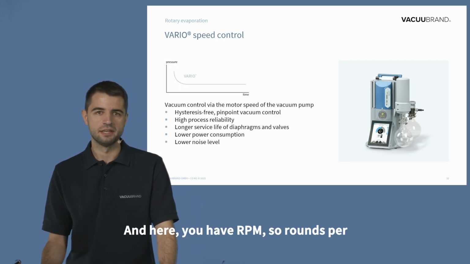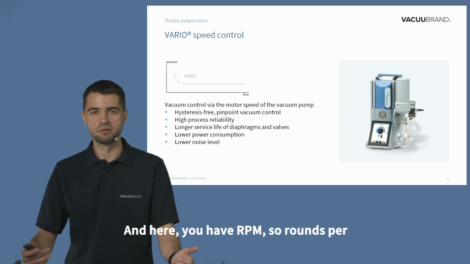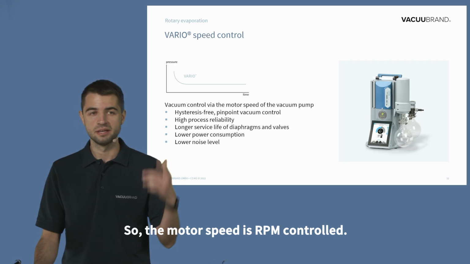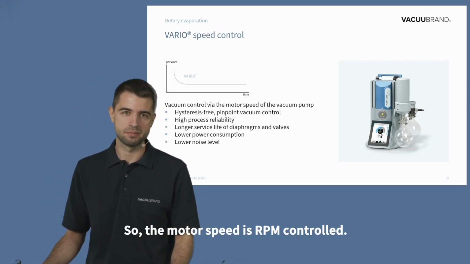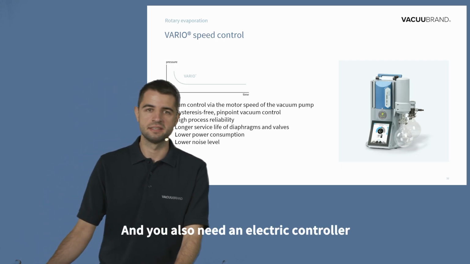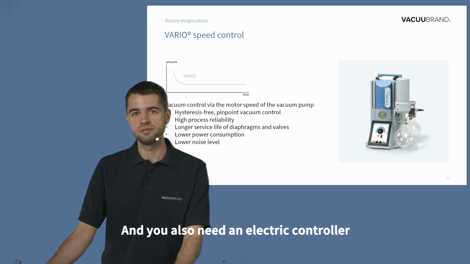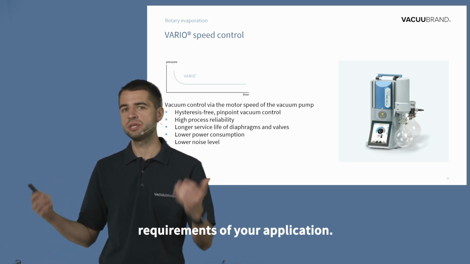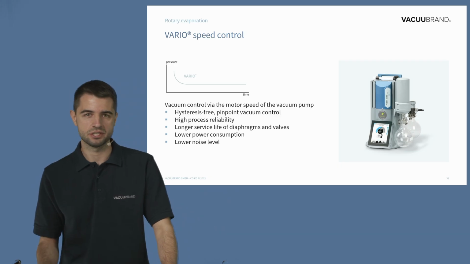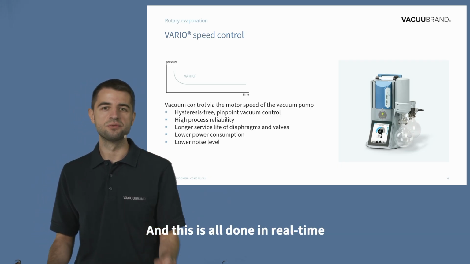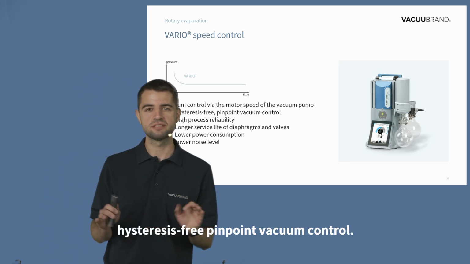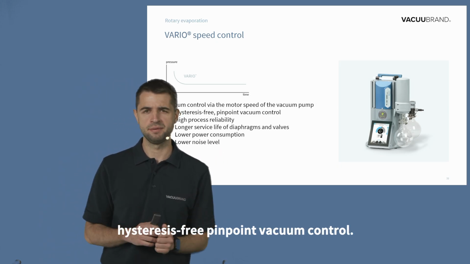And here you have an RPM, so rounds per minute, controlled system in the background. So the motor speed is RPM controlled. And you also need an electric controller that adapts the actual operation of the pump to the requirements of your application. And this is all done in real-time operation, leading to a completely hysteresis-free pinpoint vacuum control.